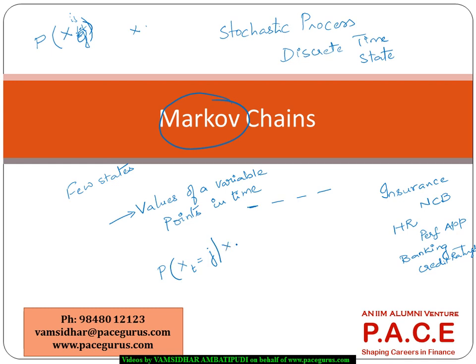given xt minus 1 equal to j1, xt minus 2 equal to j2, and so on. All we are saying is this should be simplified as the probability of xt equal to j given xt minus 1 equal to j1, only this much.